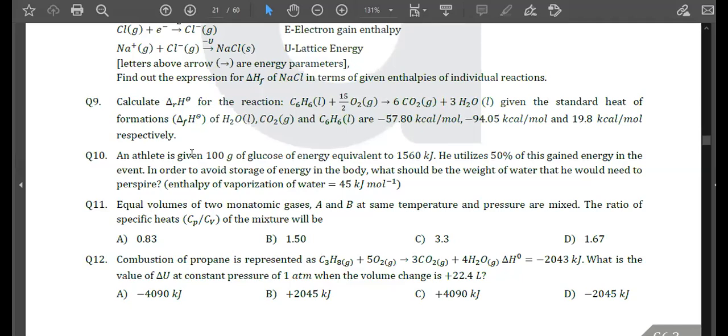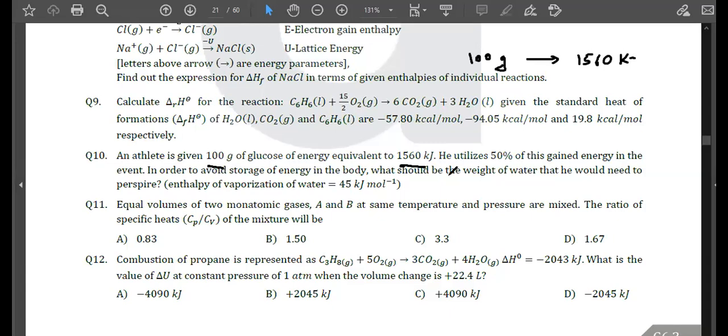Now an athlete is given 100 gram of glucose. So you know the formula of glucose? Doesn't matter. Now 100 gram of glucose is equivalent to this many kilojoules. So 100 gram, unitary method, gives you 1560 kilojoule.